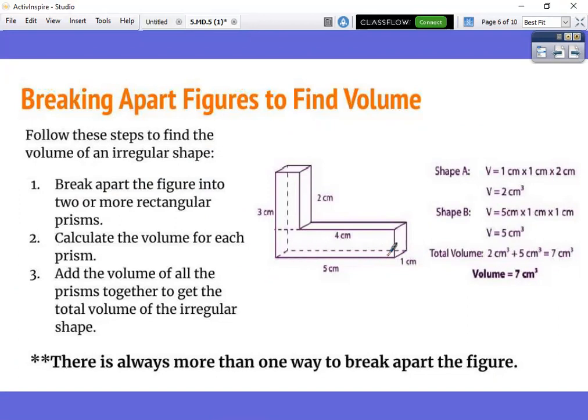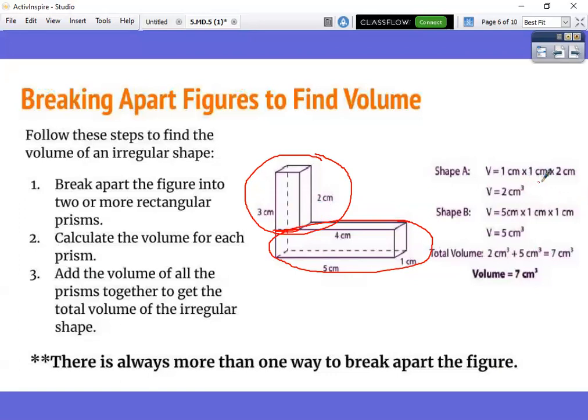So here's our composite figure, or our irregular shape. As you can see, they broke it apart horizontally. So now we have prism A up top, and we have prism B on the bottom. So for shape A, we have a length of 1, a width of 1, and a height of 2.